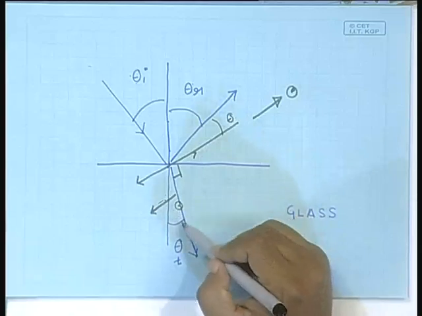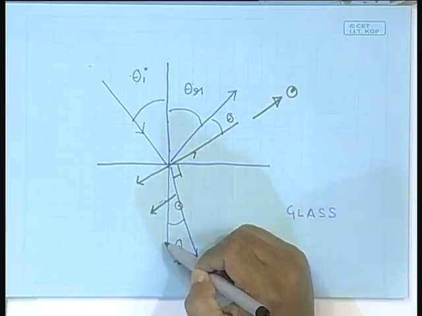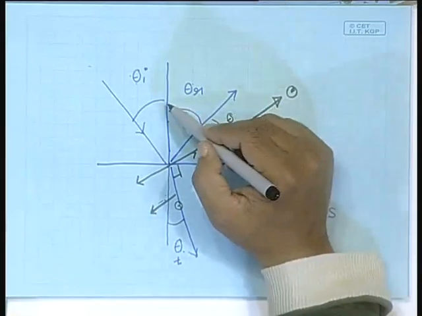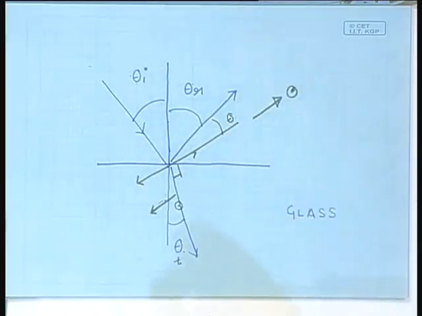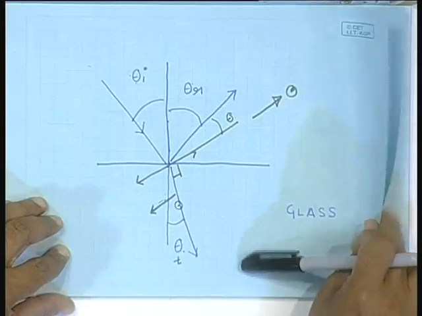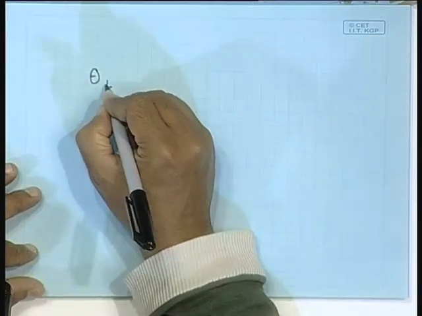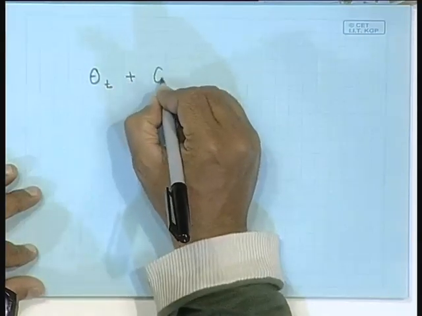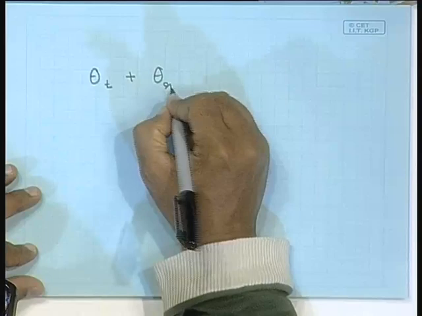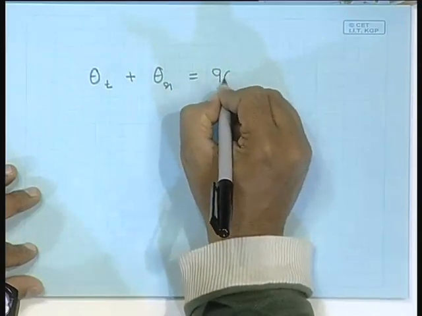So, when theta is 0, the transmitted angle theta t plus the reflected angle theta r should be equal to 90 degrees. That is the condition. So, the condition is that theta transmitted plus theta reflected should be equal to 90 degrees.